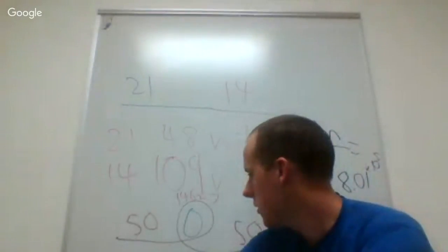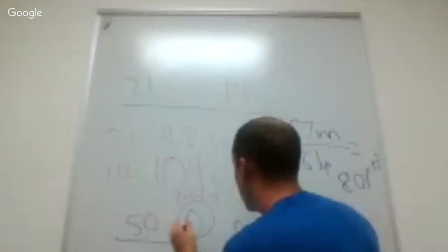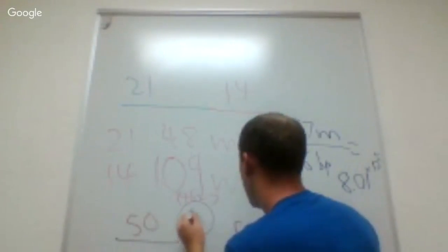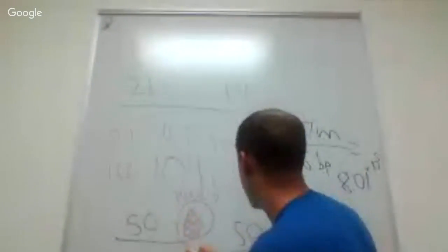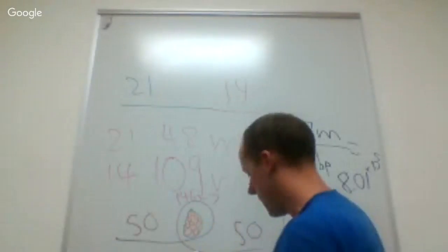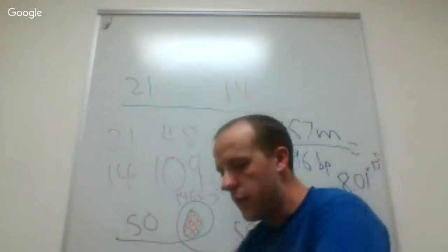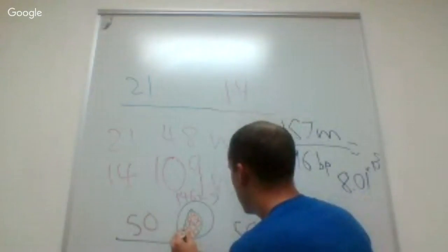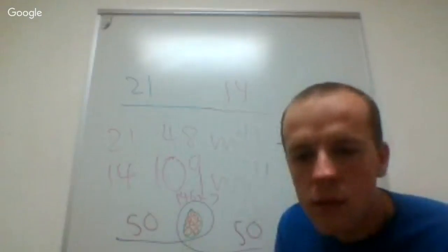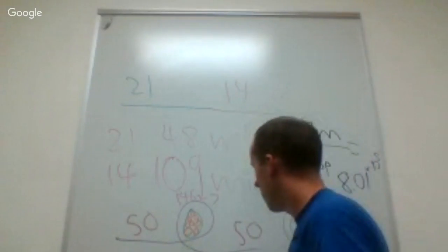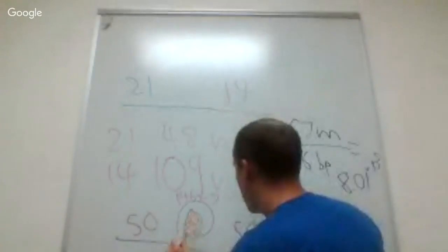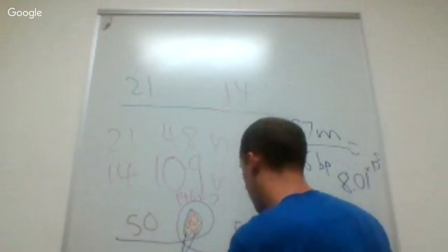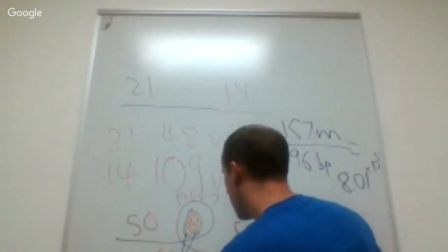Let's use orange. So inside each nucleosome, there's 2 of each kind of histone. We have 2 H2As.